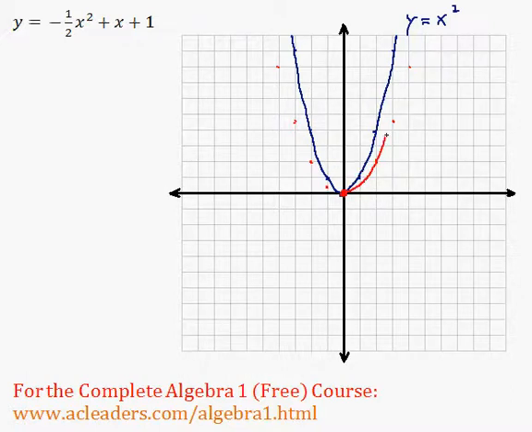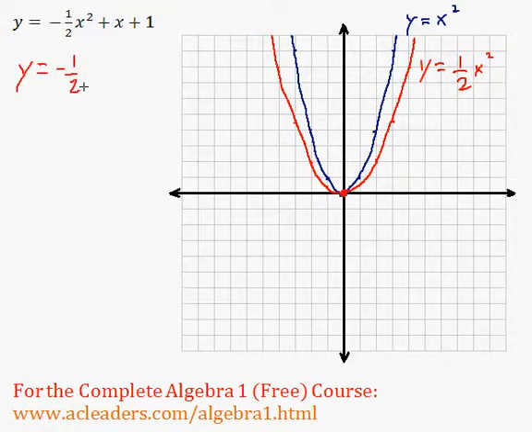Now let's finally get started by completing the square of this parabola over here. So I'm going to need to factor a negative half out. Negative half x squared divided by negative half is just x squared. Then positive 1x divided by negative half will be negative 2x. And what's that?